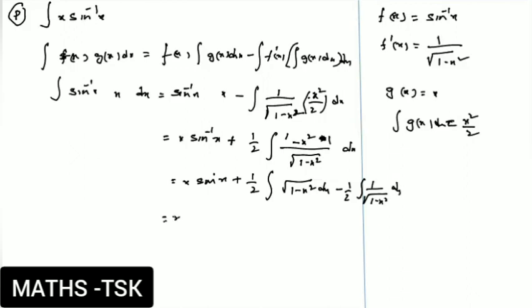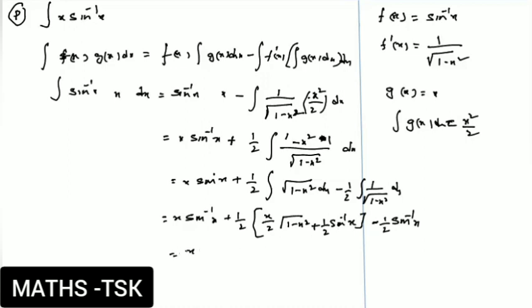So the value is x into sine inverse of x, plus 1 by 2 into the formula for this, and then minus 1 by 2 into the integration of 1 by root of 1 minus x square, which is sine inverse of x. So what is the integration of root of 1 minus x square? The formula is x by 2 root of 1 minus x square plus a square by 2 sine inverse of x.